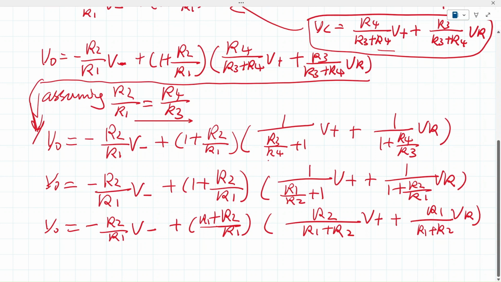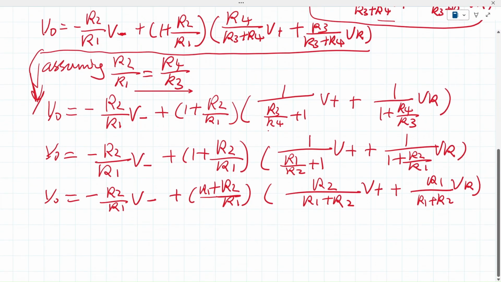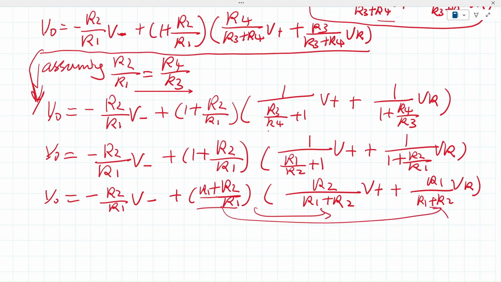Now what we can say is if we multiply this into here and multiply this into here: minus R2/R1 V minus, and the R2/R1 here is cancelled with that, so what will be left over is R2/R1 V plus.